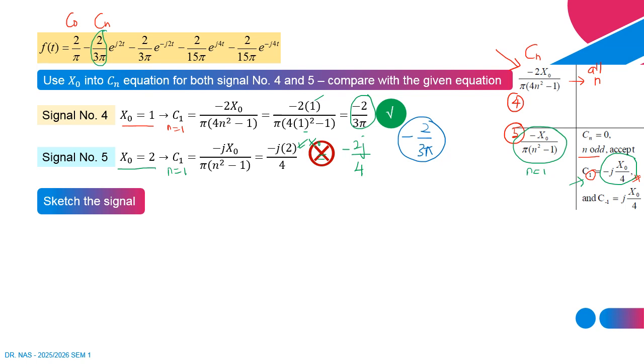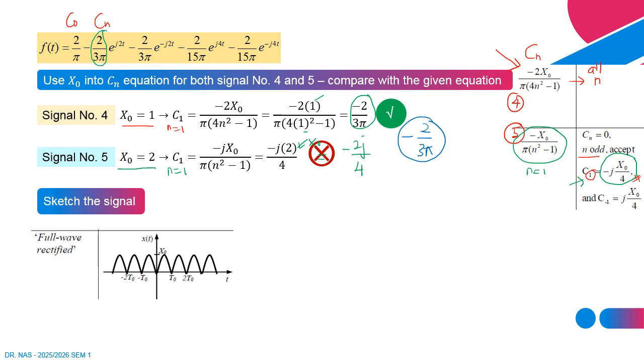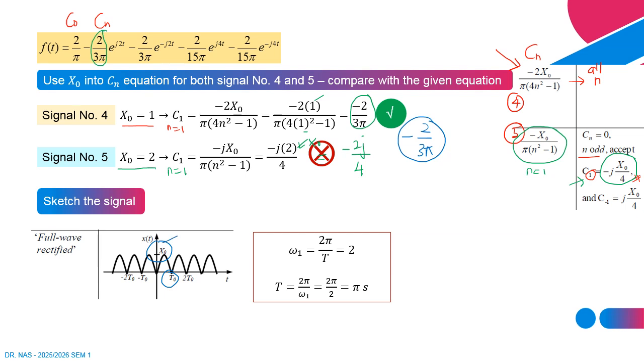Next, you need to sketch the signal. First, sketch the signal from the table because we want to know which variables or parameters to address in our sketch. Next, you need to consider the x0 value.